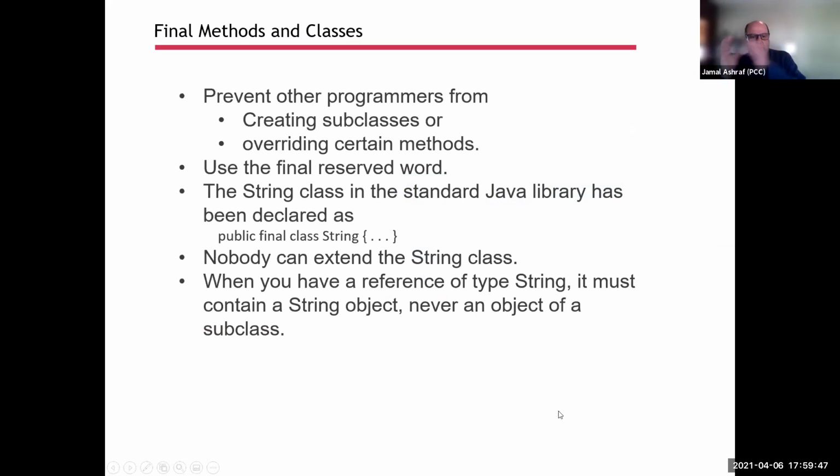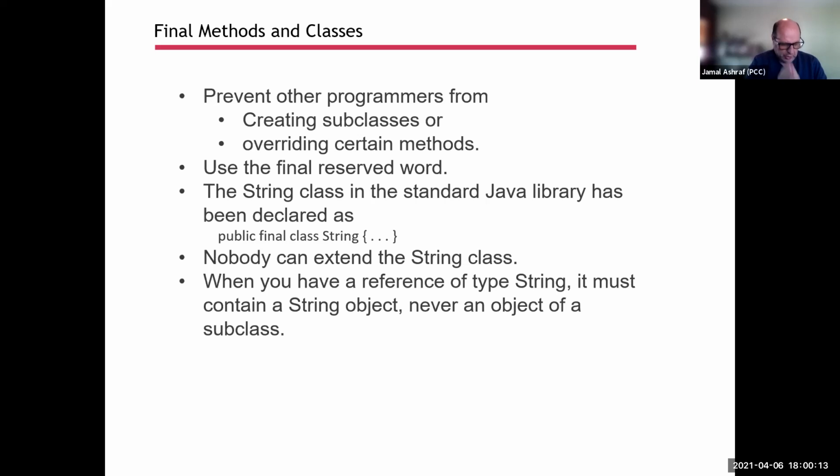All right, so that was for the abstract. Now I'm going to move on to final methods and classes. So the abstract job was what? To force developers who are creating a subclass to make the implementation. Now the opposite of that is I'm going to have some methods or even some classes that I don't want people to do anything with.